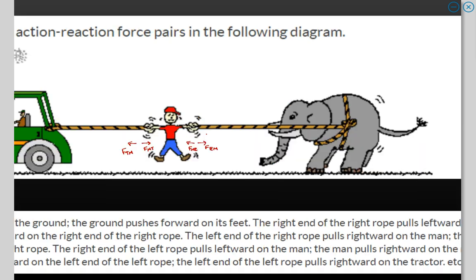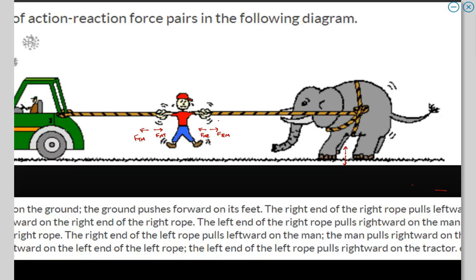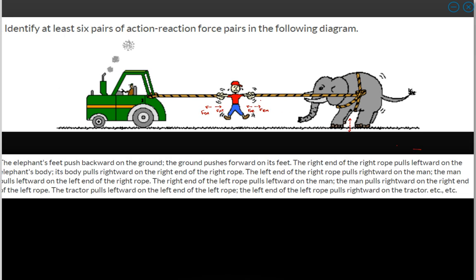There's lots more, like the elephant pushes down on the ground, and then the ground pushes up on the elephant. Okay, and you can read more of those if you like, but we just did a couple.